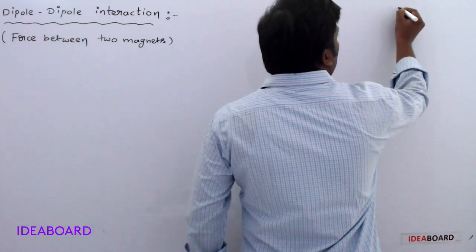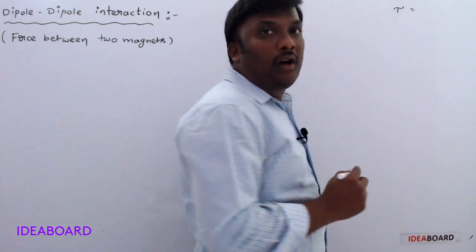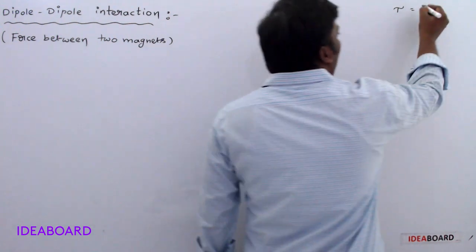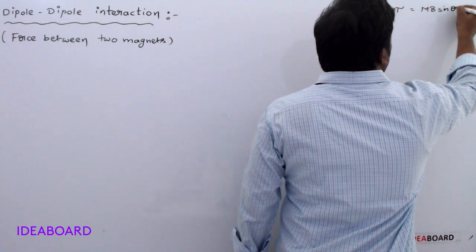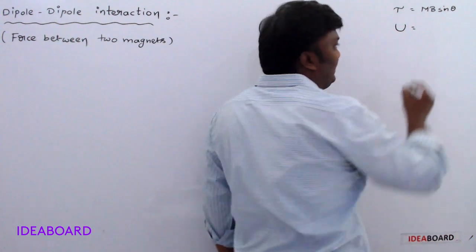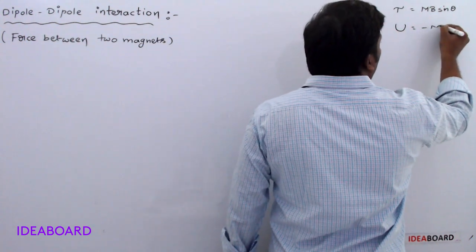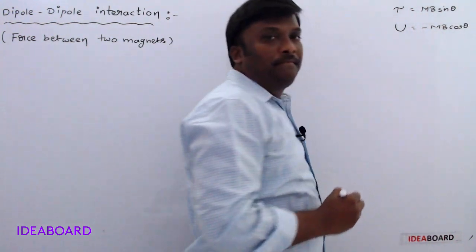The first one is torque, or moment of couple. The formula is m b sin theta, and the potential energy of the magnet is U equal to minus m b cos theta.